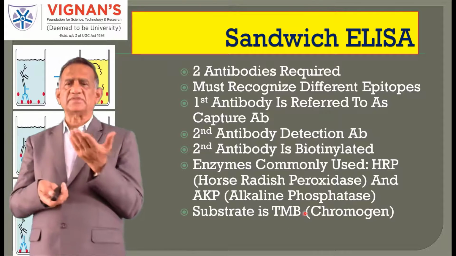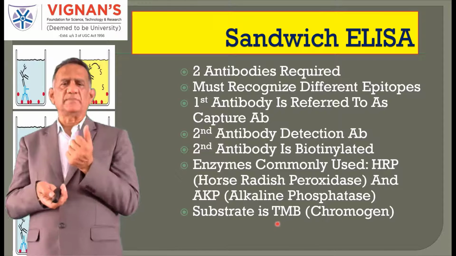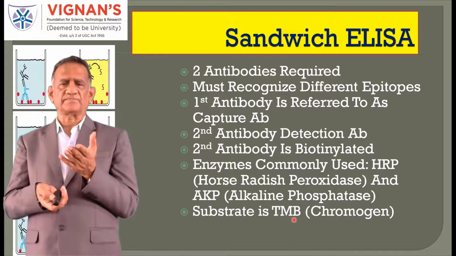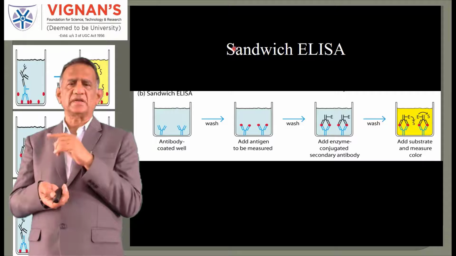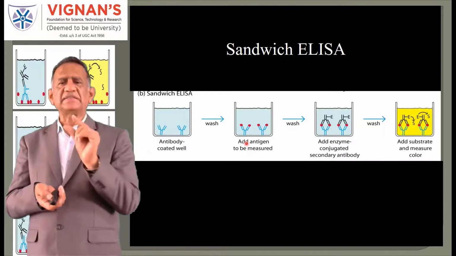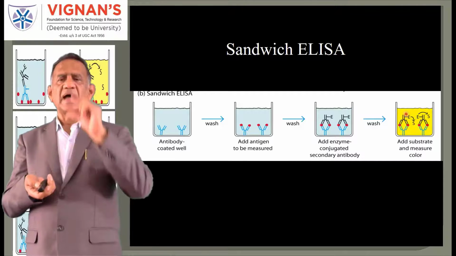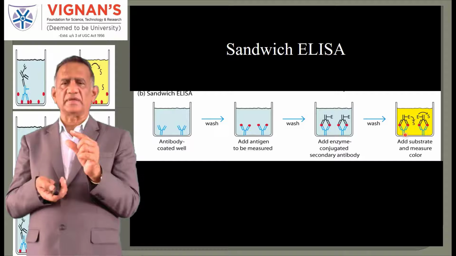The substrate, as I mentioned earlier, is commonly TMB, that is tetramethylbenzidine. Sandwich means the antigen of our choice comes between the capture antibody and the detecting antibody.